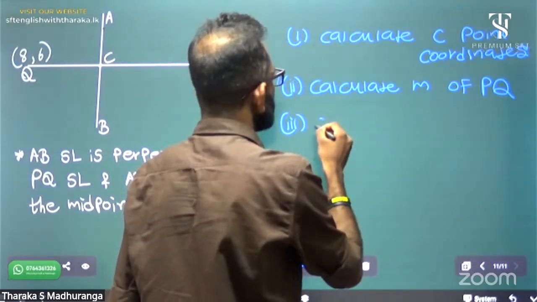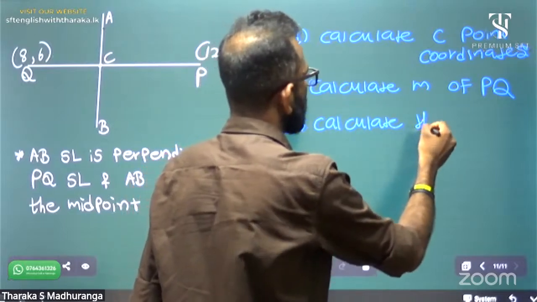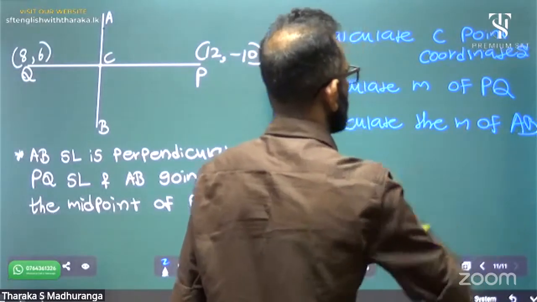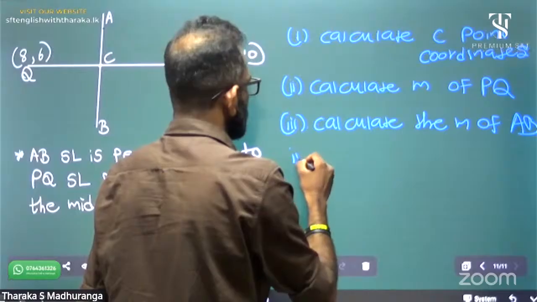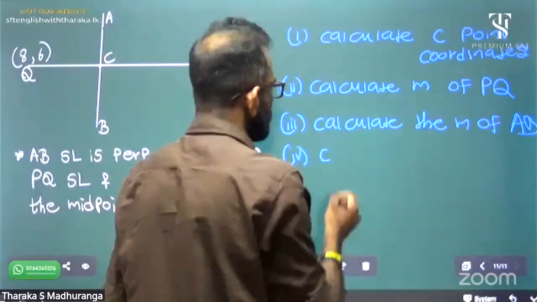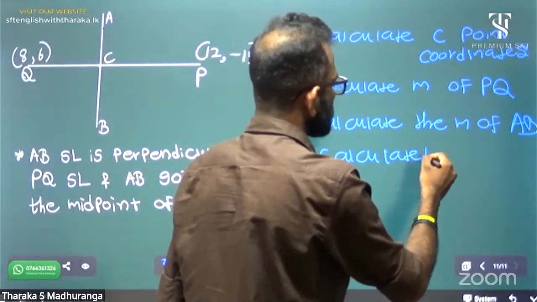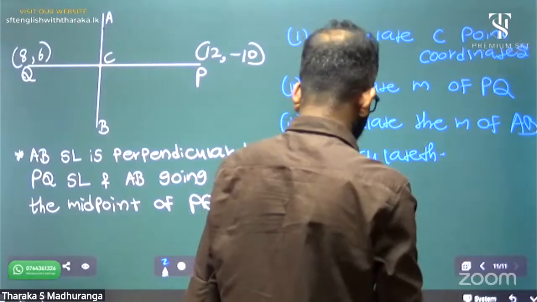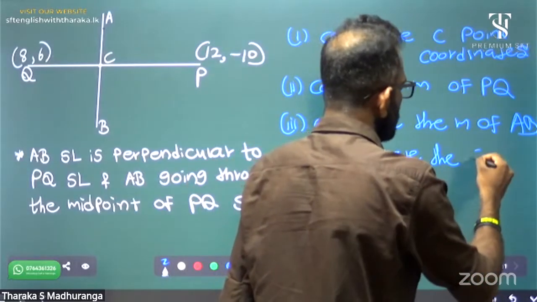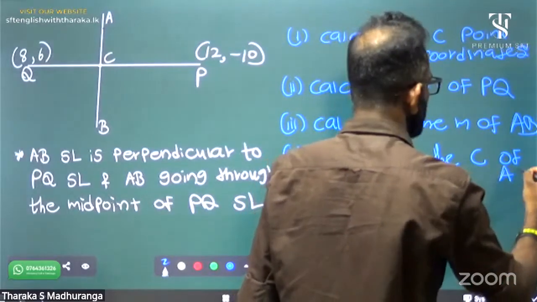Next, calculate the gradient of AB straight line. Fourth one, calculate the intercept of AB straight line.